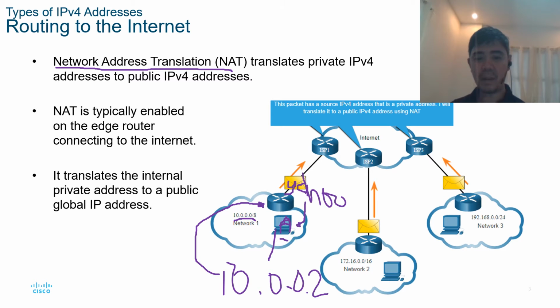There is a public IP assigned to this network. For that to happen, NAT should be set up or configured in this router. NAT should be properly configured in order for computers in this network to connect to the internet. So NAT is a requirement in IPv4. It will be discussed in detail in Cisco Module 2. Again, what NAT does is translate the private IP into a public IP address.